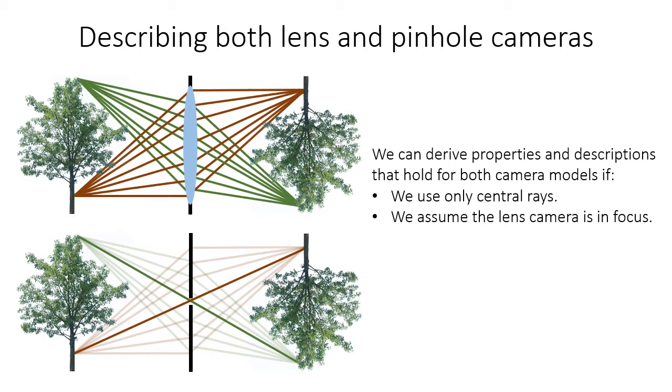In a real situation, this range receives many rays, but when you assume that the lens camera is in focus, which is also an ideal case, and that this lens focuses all the rays from the same point onto this image point, then it is the same as only using these central rays.